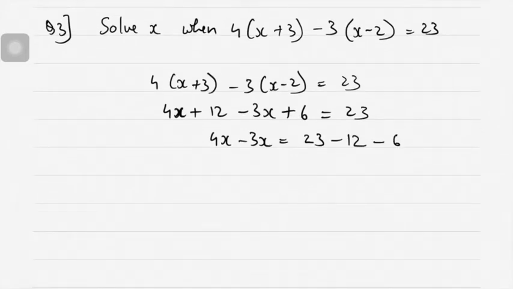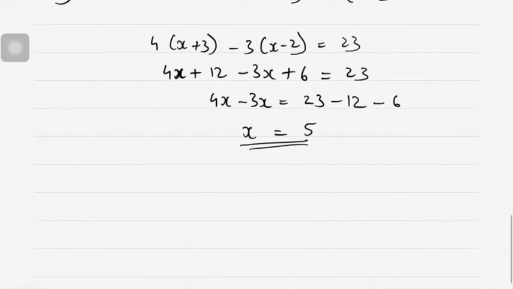So 4x minus 3x would be 1x, correct? 23 minus 12 minus 6. So 23 minus 12 minus 6 is how much? Calculate. It comes to 5. Okay.